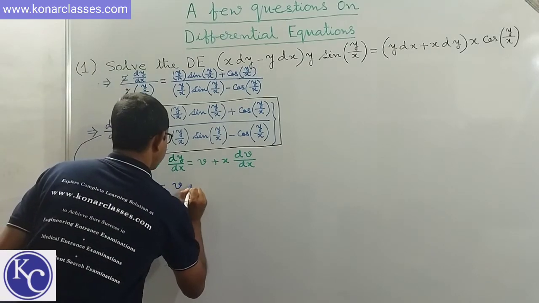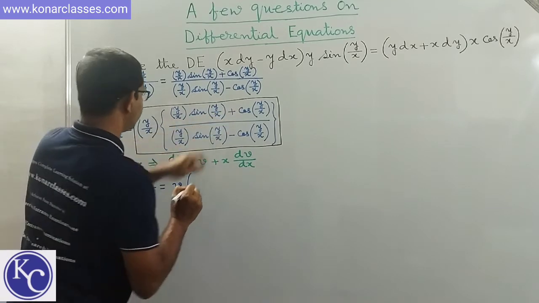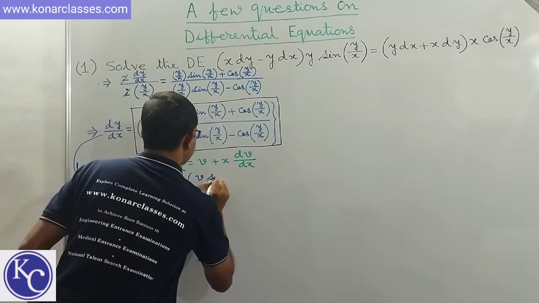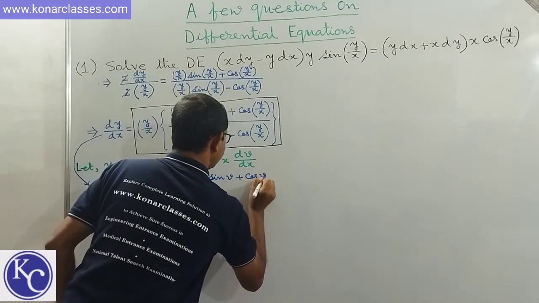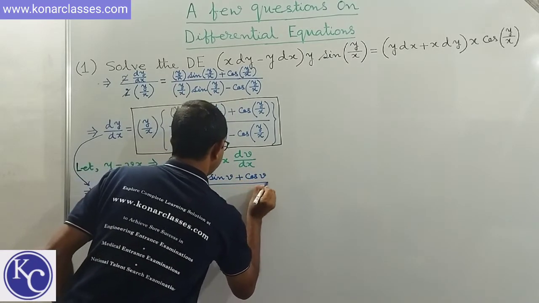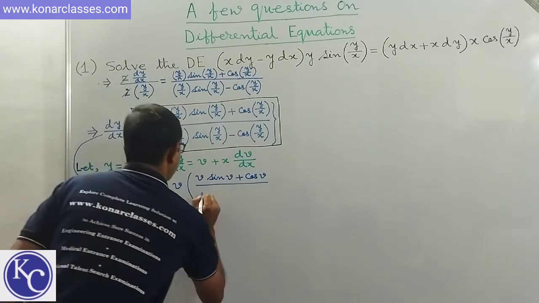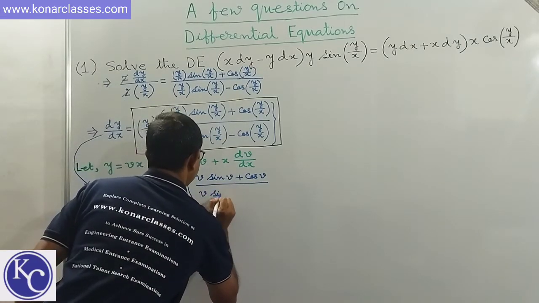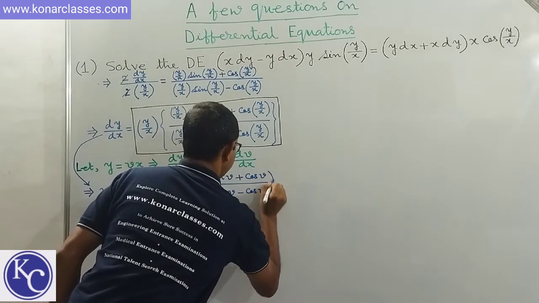So v into what we get, v sin v plus cos v divided by v sin v minus cos v, correct?